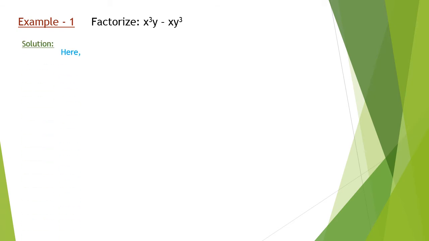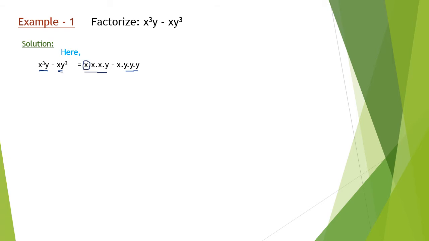Solution here. Now see what we did in type 1 section A, we only focused on the first single term. Factorization of x cube y is x dot x dot x dot y. As x has the power 3, we have to repeat x thrice, and in the second term y has the power 3, so we have to repeat y thrice. Now you can see exactly the common part.